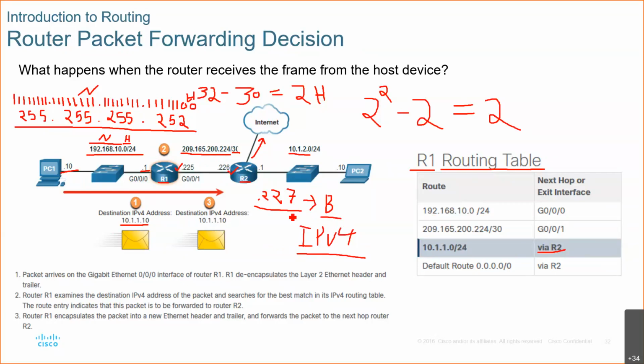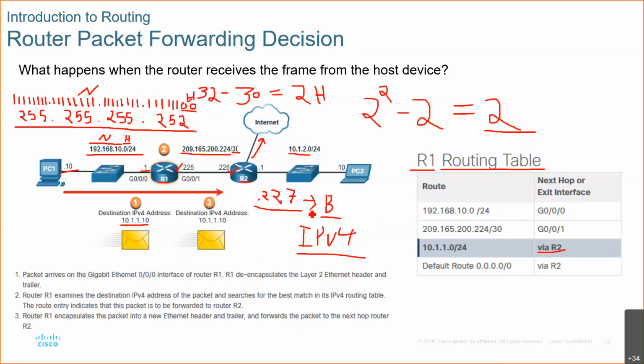In this network we calculated, there are only 2 bits for the host. So using the formula 2 to the power of 2 minus 2, you can have only 2 devices. The first IP address will be .225, the network address plus 1. The second one will be 226. The next one, 227, is your broadcast address.